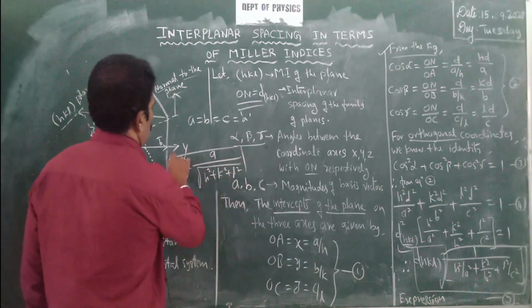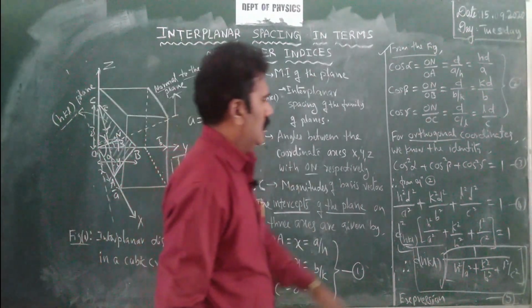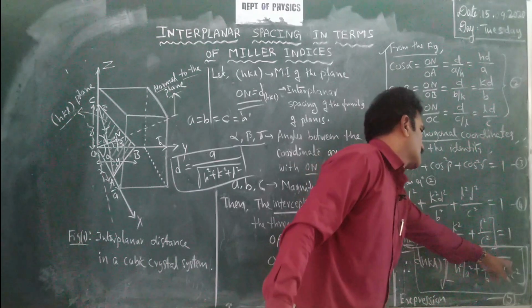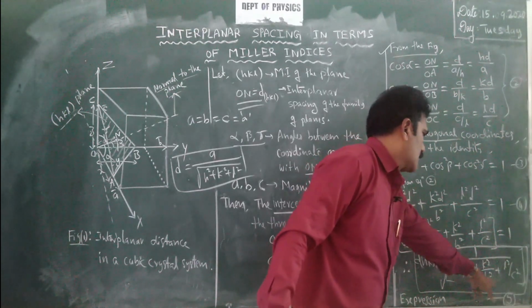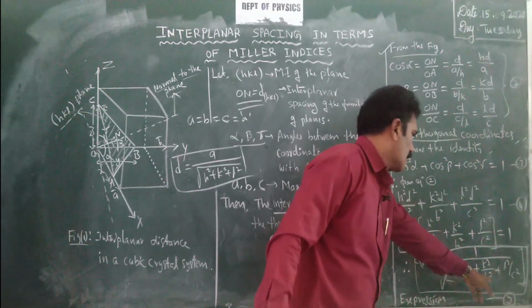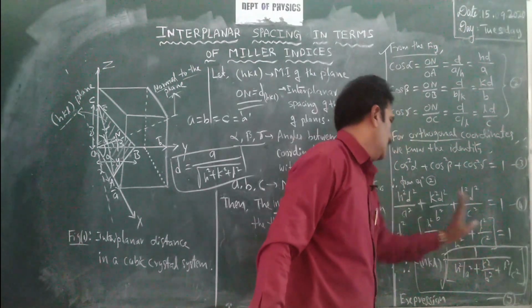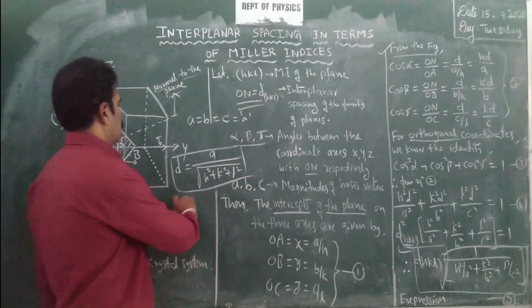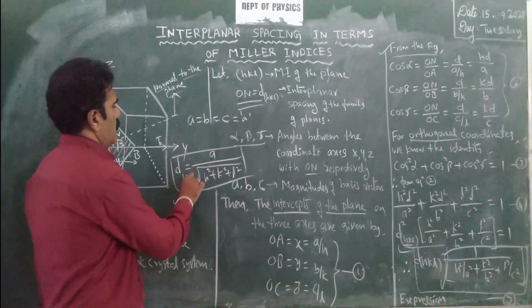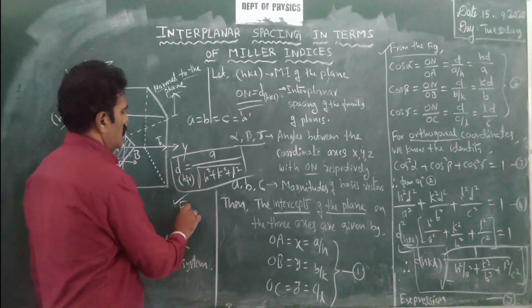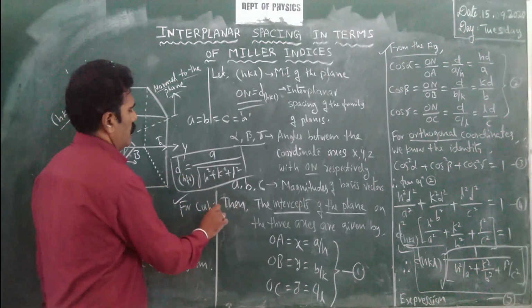You can look at the equation: h square plus k square plus l square, square root is there, and a square, b square, c square is just a square. Square root of a square is equal to only a, so you take it in the numerator, so that you will get the equation for interplanar spacing in terms of Miller indices, particularly for the cubic crystal structure.